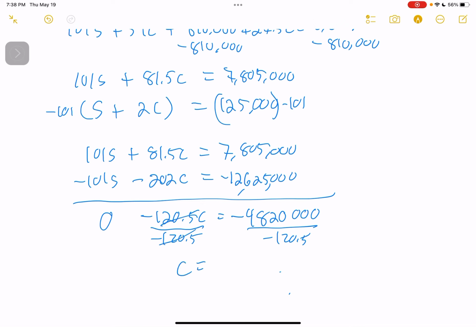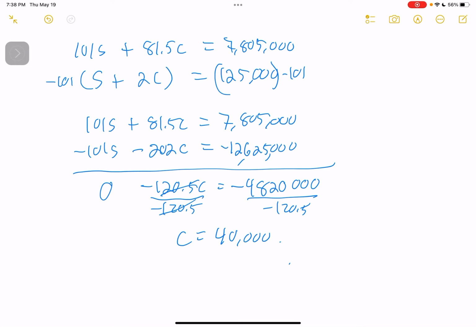C is equal to what? I get 40,000. Hey, that's nice that it worked out like that. So we know that our B would be 40,000 plus 15,000. So that's what, 55,000?